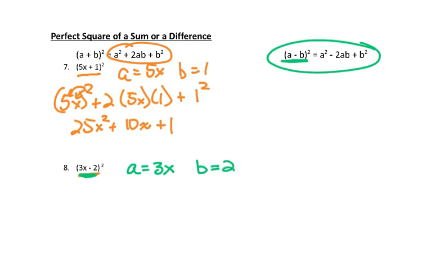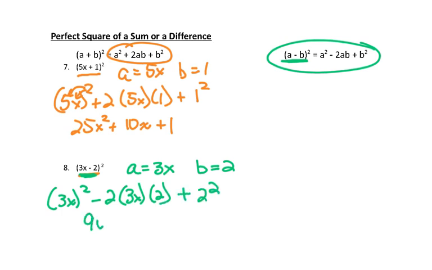And again, now we're going to take our a all squared, now minus 2 times a times b, and then plus our 2 squared. And if we simplify this, we'll get 9x squared minus 12x plus 4. Again, these are just special formulas or rules that you can use to help with multiplying out polynomials.